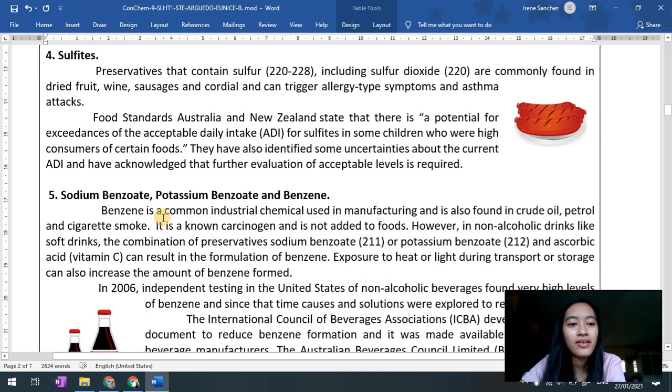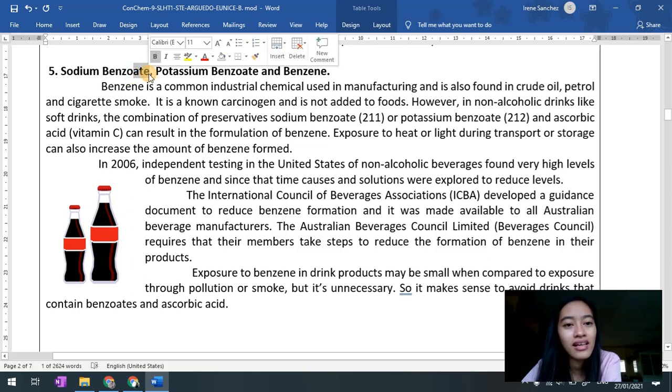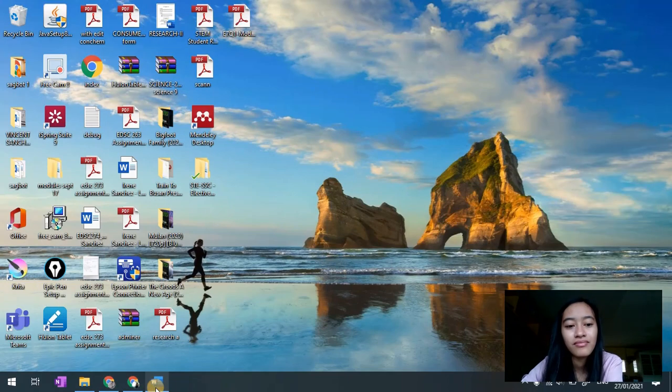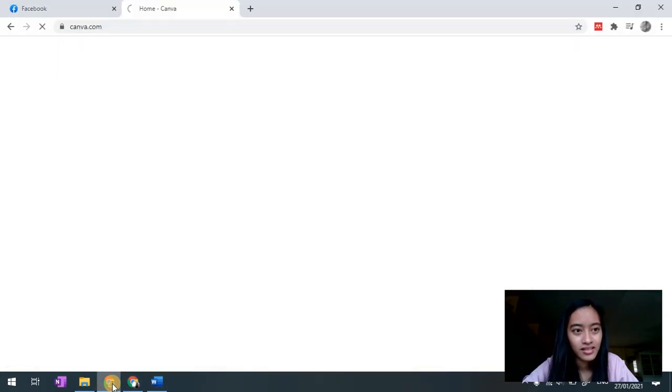Next, number 5, sodium benzoate, potassium benzoate, and benzene. So, derived from benzene. Sodium benzoate. Let's check.